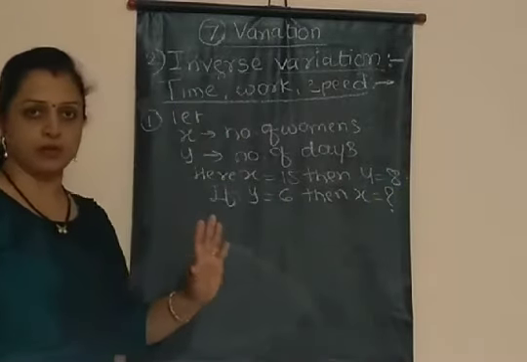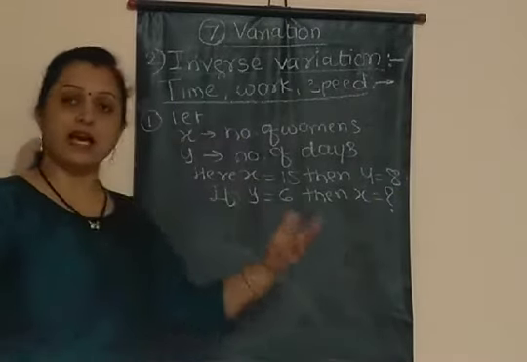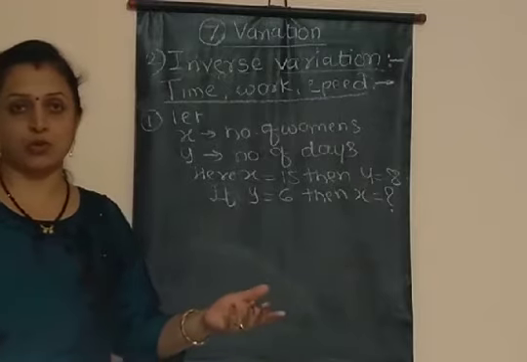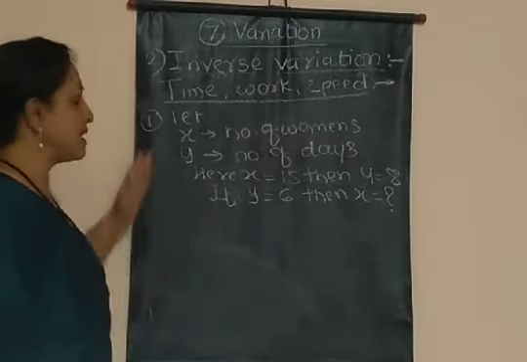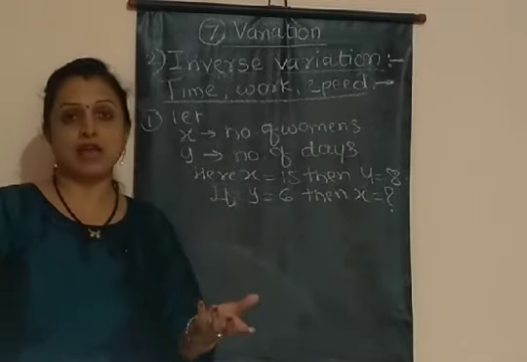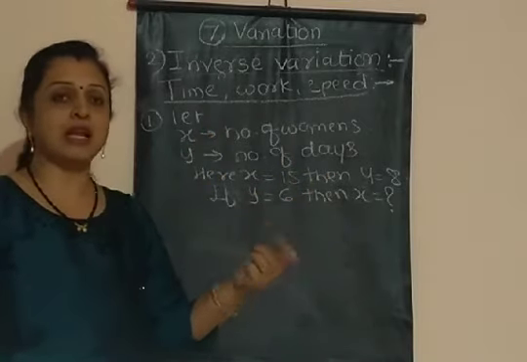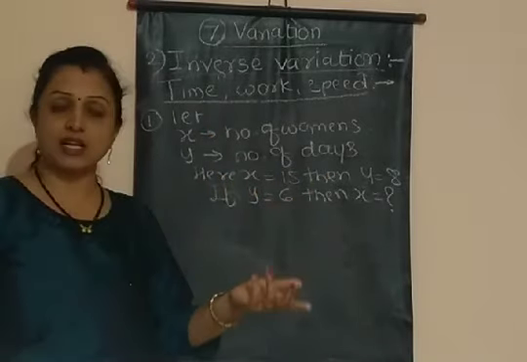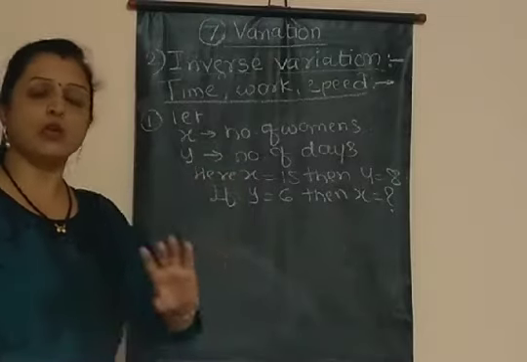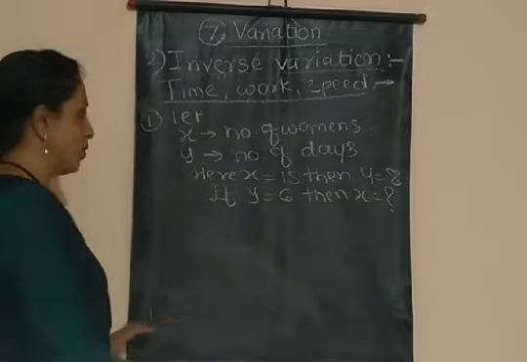You can take other variables also, as given in the textbook. There is no need to take the same variables. For example, for the number of women you can take variable n, and for the number of days you can take variable d. No problem.